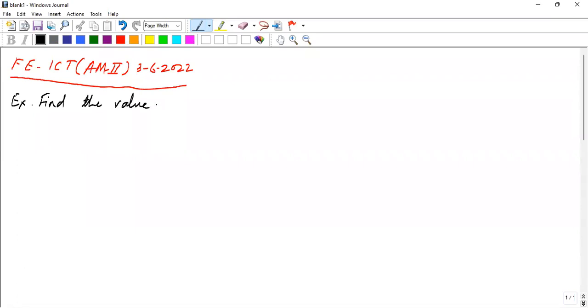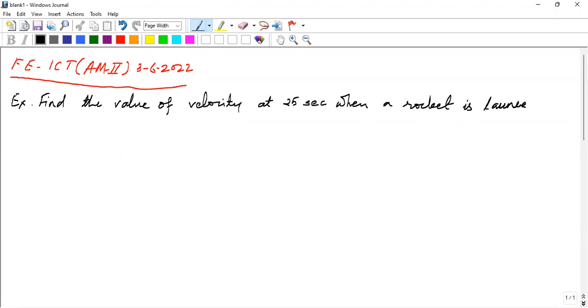Find the value of velocity at 25 seconds when a rocket is launched, and the following data is recorded.